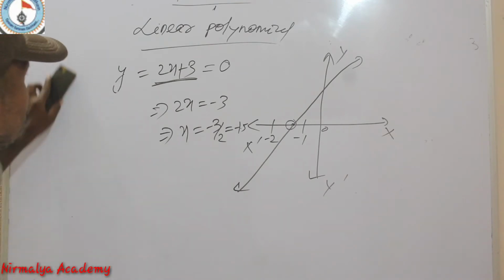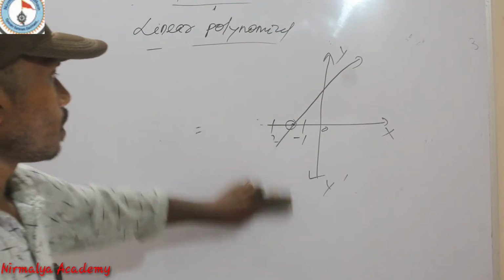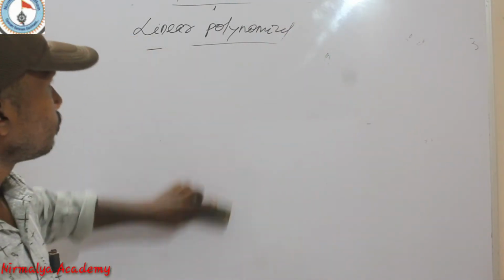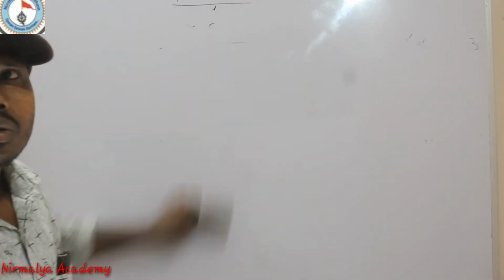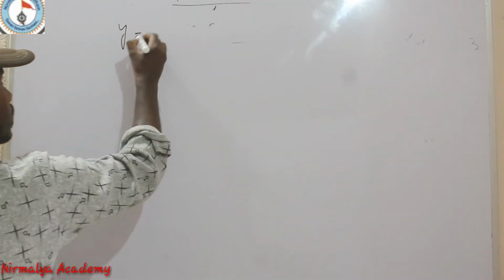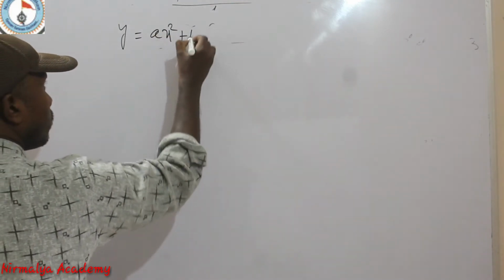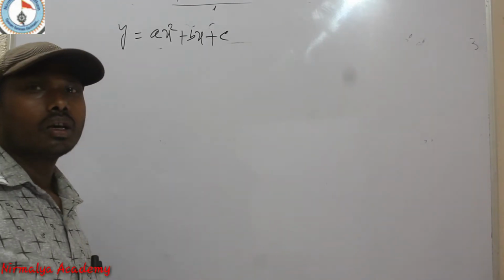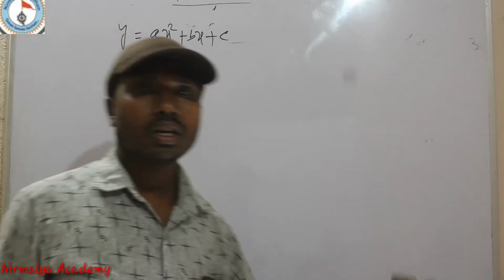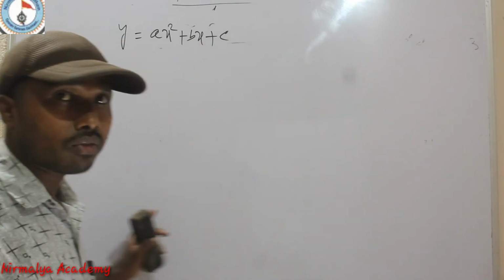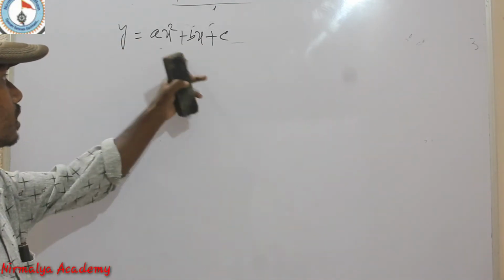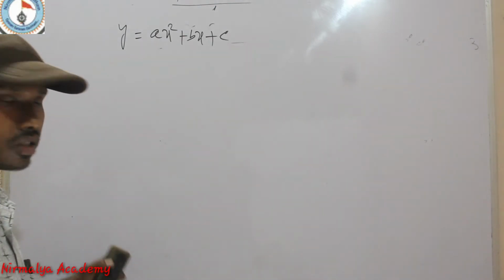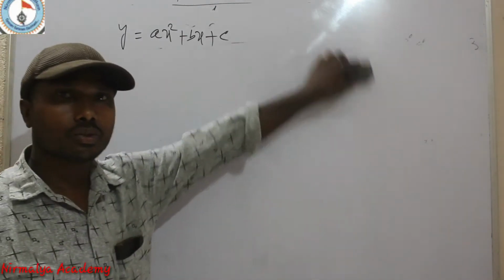In the same way, for a quadratic polynomial, the graph of y equals ax square plus bx plus c follows three cases. What are the three cases? The first situation, case 1.